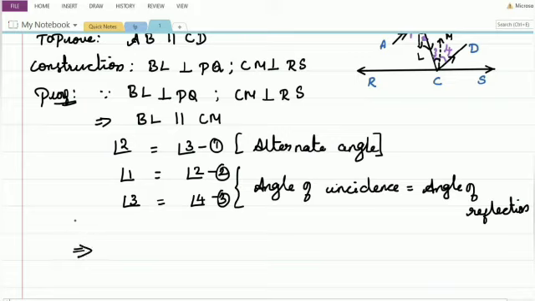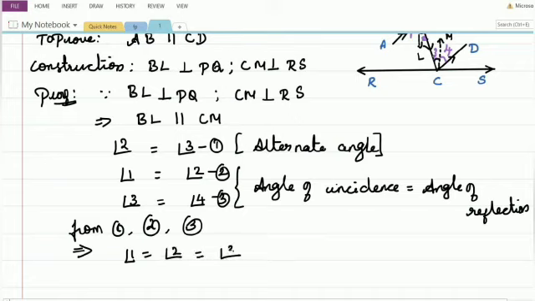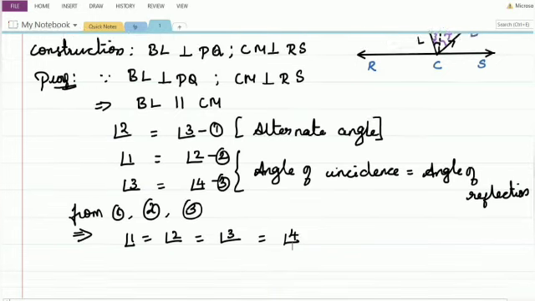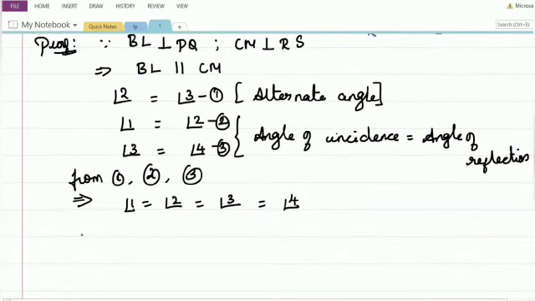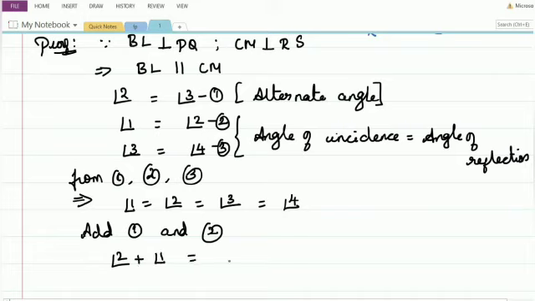Now to prove, I am going to add equations 1 and 2. While adding, LHS together and RHS together. Here it is angle 2 plus angle 1 equal to angle 3 plus angle 2.